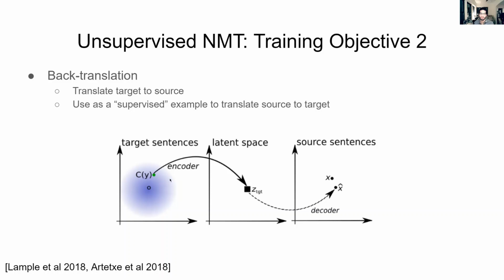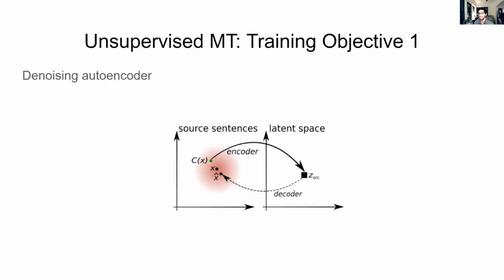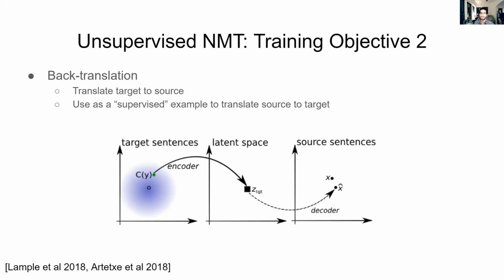So you have this translated source, you pass it through the encoder, you get some latent space, and then you try to regenerate the target sentence. This teaches the model to do some cross-lingual training. So the first objective is about fluency. The second objective is about cross-lingual transfer.